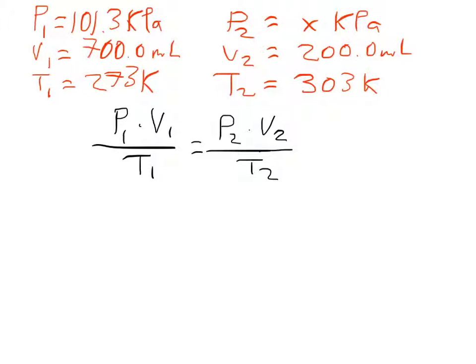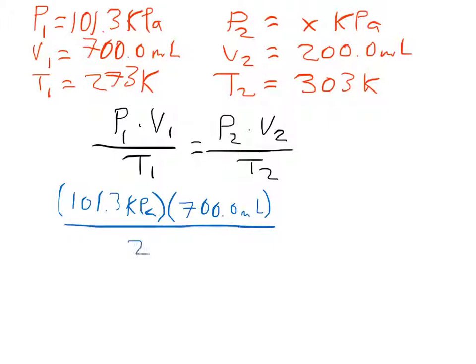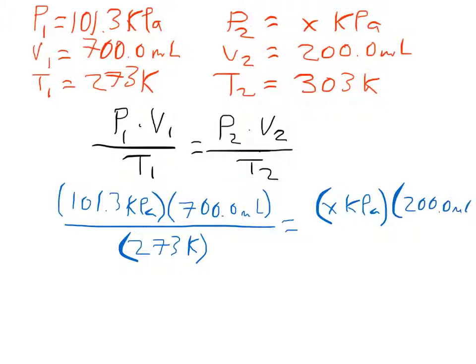Plugging in the numbers to the combined gas law equation, P1 is 101.3 kilopascals times volume 1, 700.0 milliliters, over temperature 1, 273 Kelvin, equals pressure 2, x kilopascals, times volume 2, 200 milliliters, over 303 Kelvin.